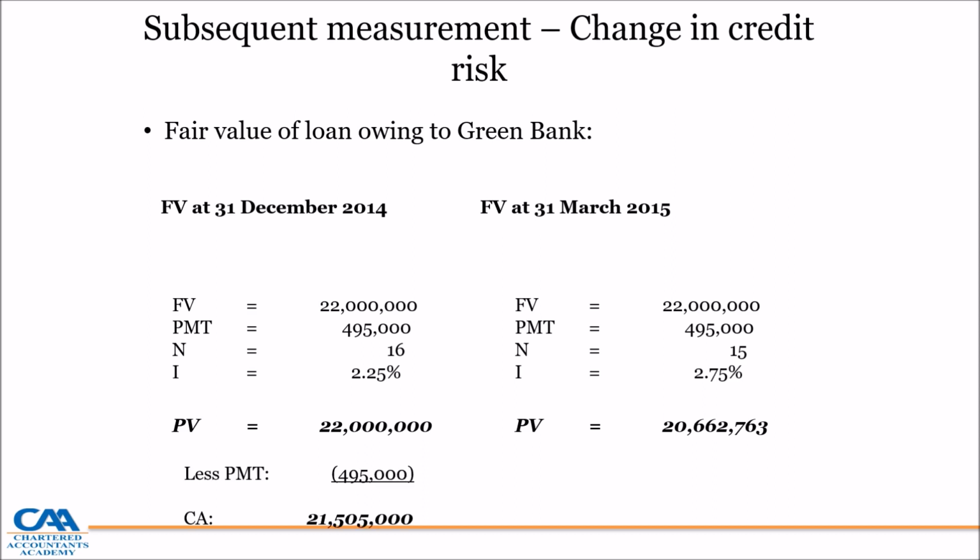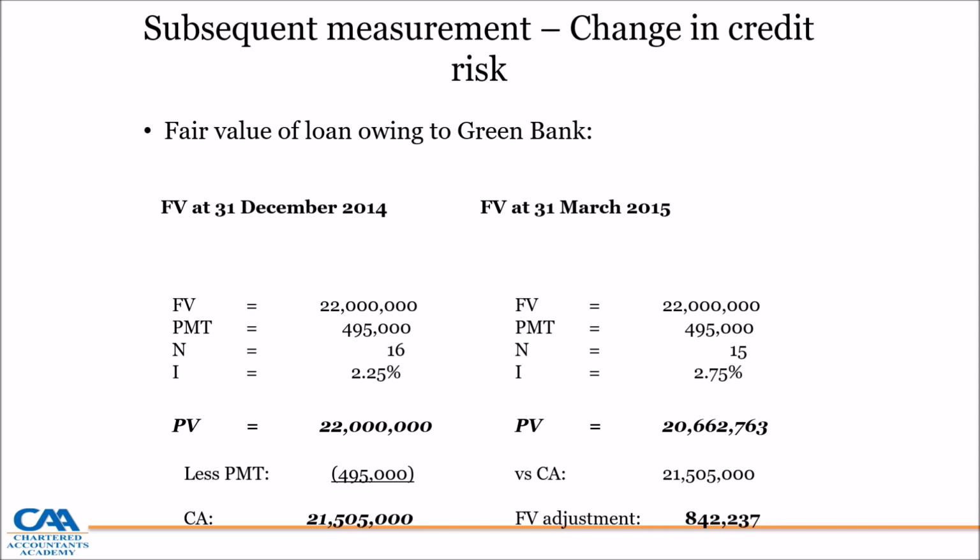We then need to take note of our payment, which is 2150, which is 495,000, to come up with the carrying amount of the loan, since we hadn't taken into account the payment. So the carrying amount of the loan is therefore 21,505,000.